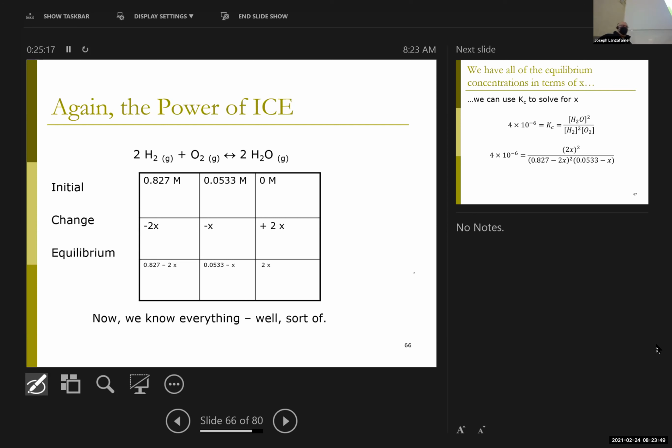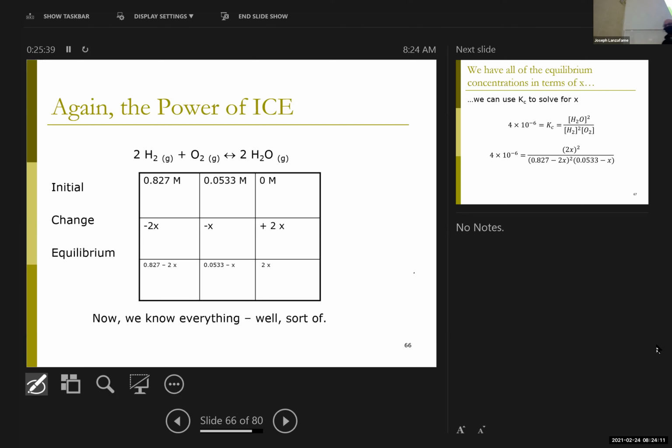So I end up with 2x water. All right. I would know everything if I knew any one of those equilibrium amounts, but that would really make it an equilibrium problem of the first type. All right. In fact, I don't know any of those equilibrium amounts.